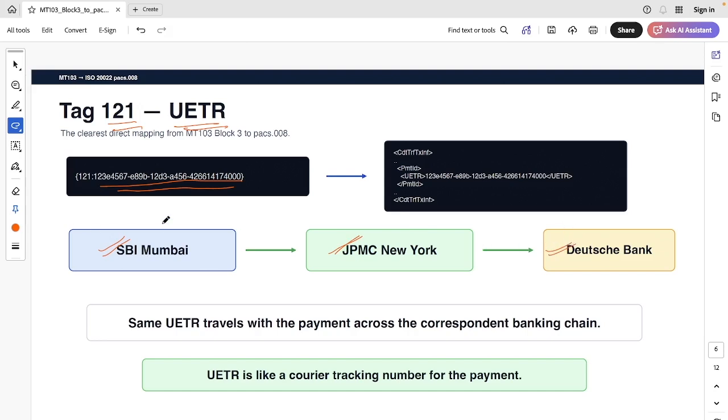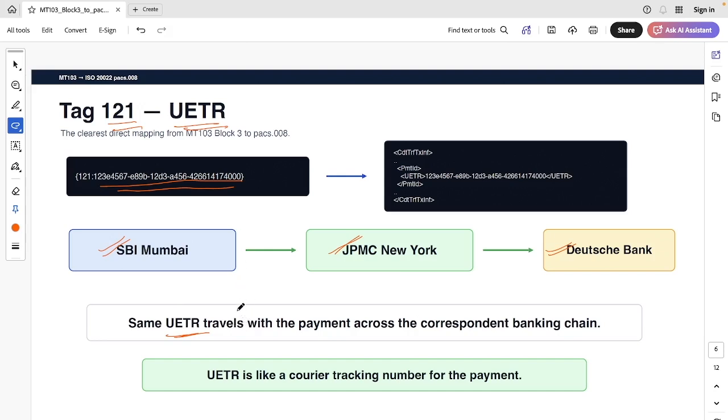SBI may create the original payment instruction. JP Morgan will receive it, process it, and forward an instruction to the next institution. During this process, the message identifiers may change because each bank may create a new outgoing message. The instruction identifiers may also change because each agent creates its own point-to-point instruction. But the UETR should continue to represent the same underlying payment transaction.